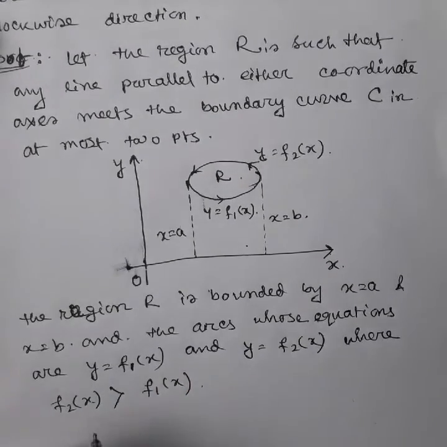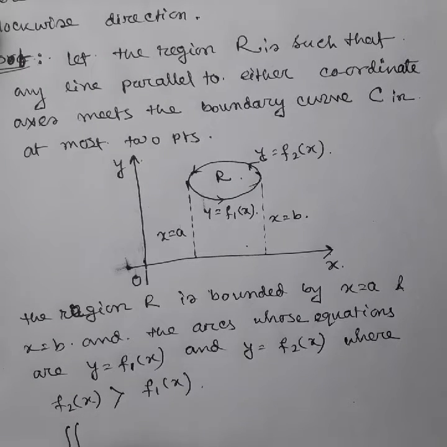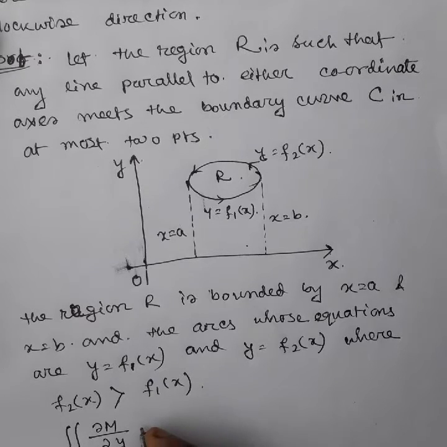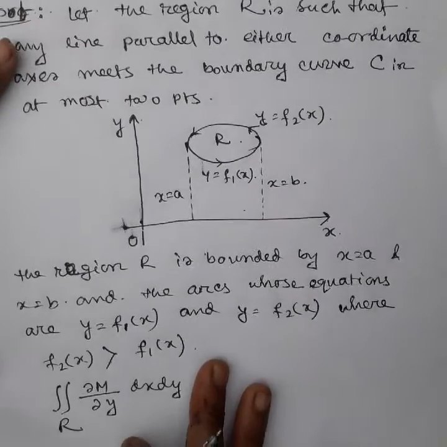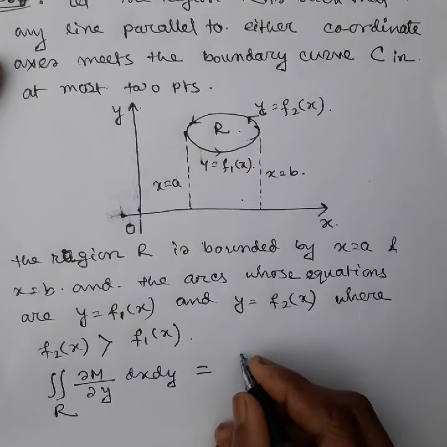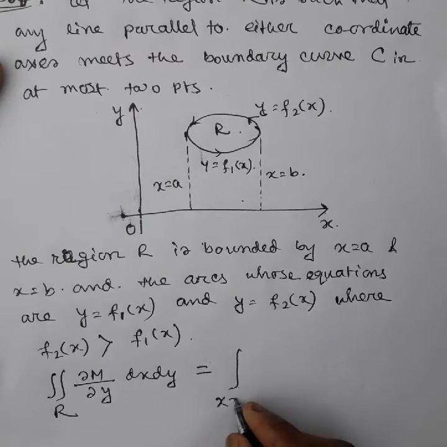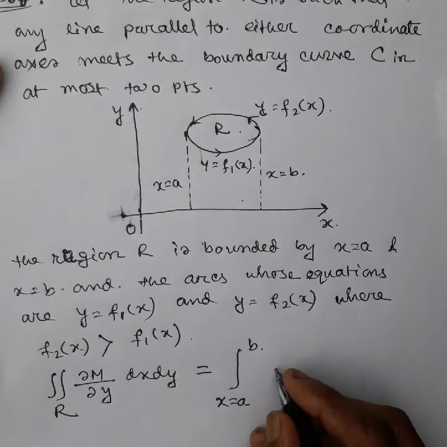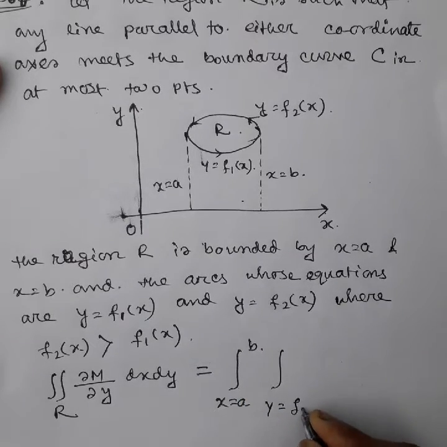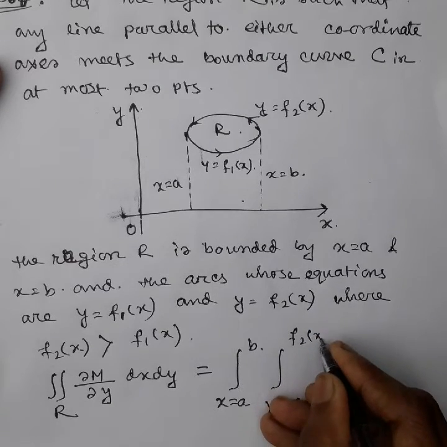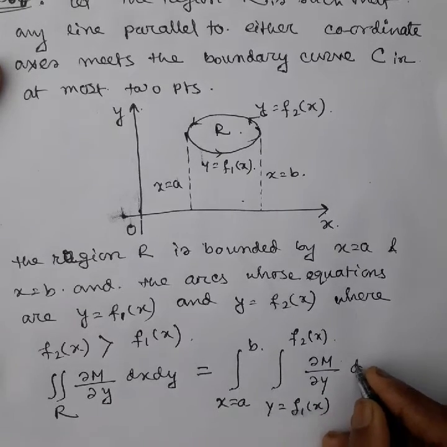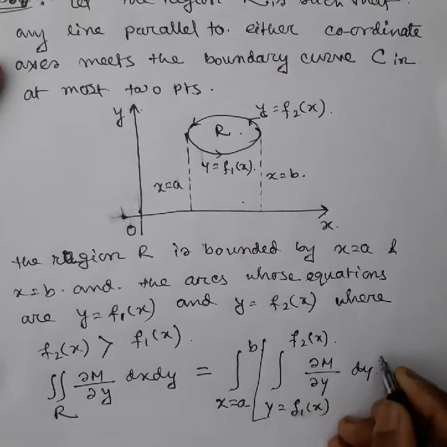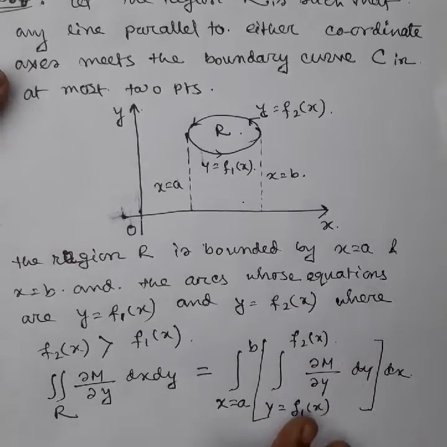Now we find the double integration over the region R of del M del y dx dy. This value is equal to, here x varies from a to b, and y varies from f1(x) to f2(x). So for del M del y, first we integrate with respect to y, then x.